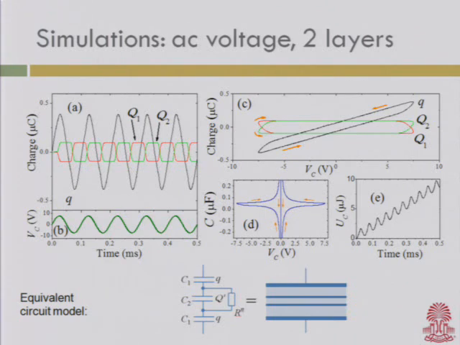This comes from overscreening of the internally applied voltage by this medium. Another interesting feature of this model is that it can be realized by usual circuit elements. The equivalent model of a two-layer system consists of three usual capacitors and a nonlinear resistor which shunts the middle capacitor.